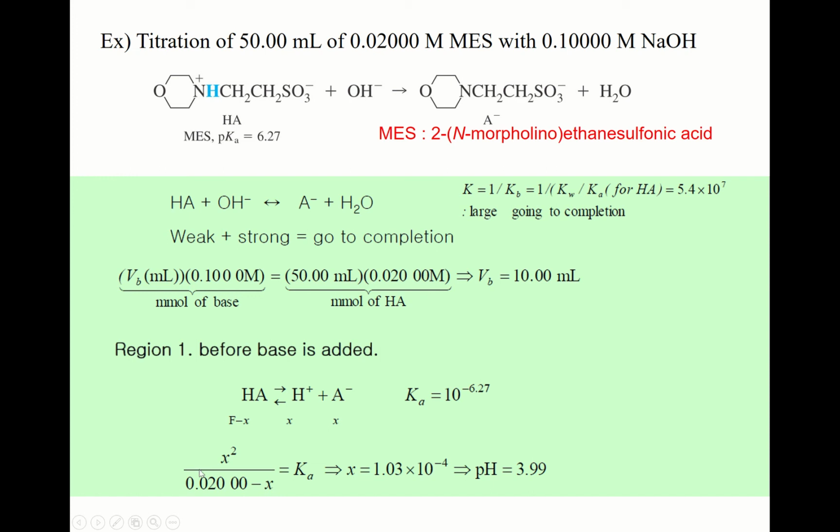Then we set up this equilibrium equation and solve for x. Here x is the proton concentration, which is 1.03 times 10 to the minus 4. So this initial pH is 3.99.